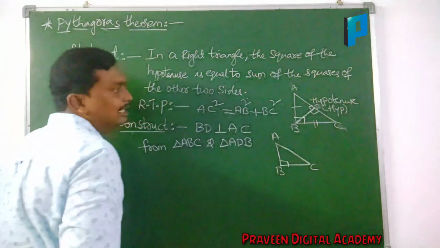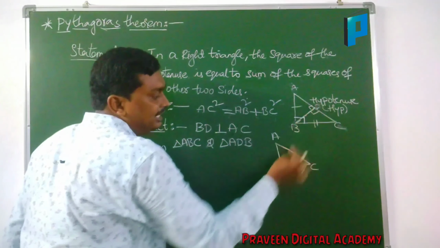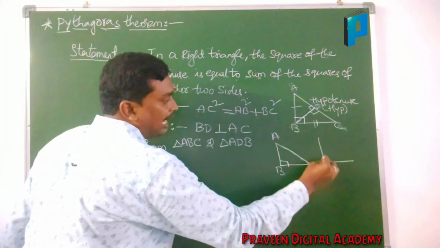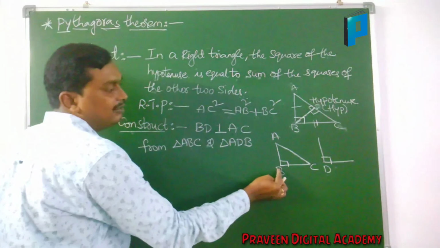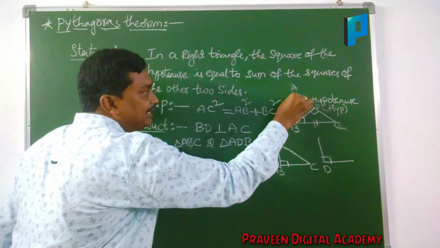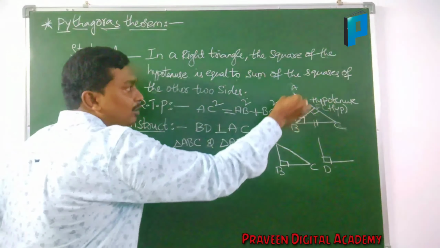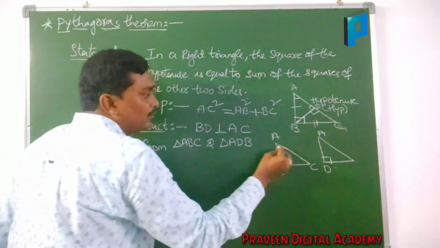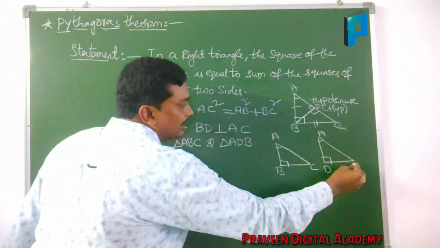Now I will turn ABD like this, so that this D matches with this B. Angle D is 90 here, and here also angle B is equal to 90. And A is common in ABC and in ADB, because A is common in both.